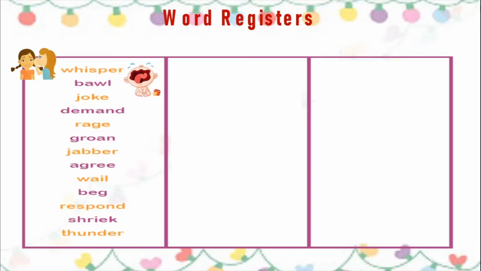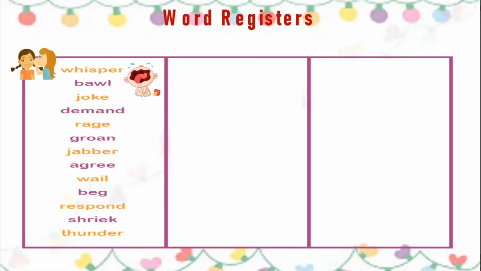B-A-W-L, bawl. It is a homophone of B-A-L-L, ball. But here bawl means to cry loudly. It is usually children who bawl. Small babies bawl. Elders also, bigger children can also bawl at times. But usually we say very small babies, infants, they bawl. So bawling also here means making some kind of noise, isn't it? Using your mouth, making some kind of noise.